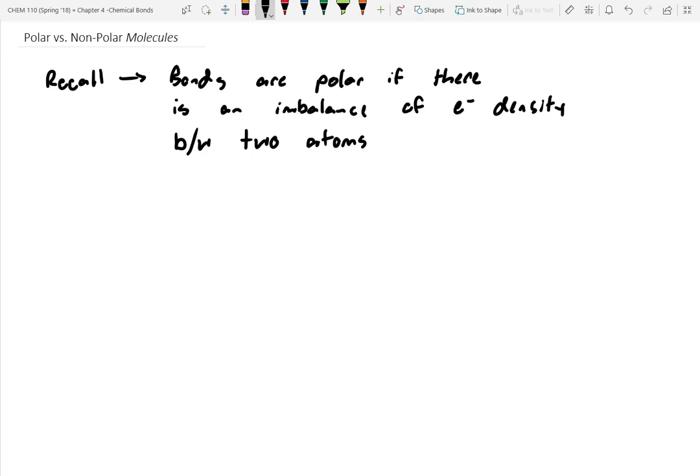Molecules as a whole can actually have polarity too, so we need to talk about that. So molecules can have a net polarity.